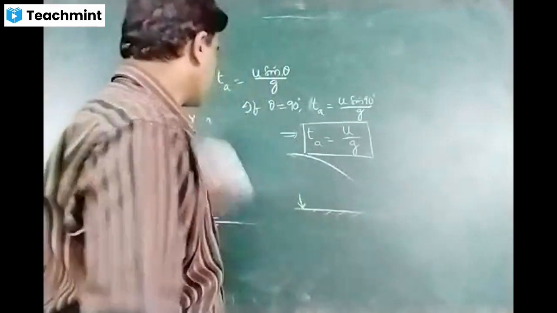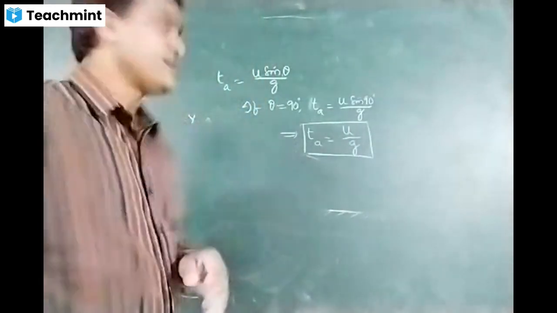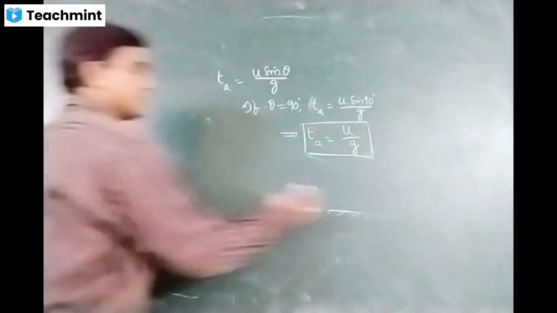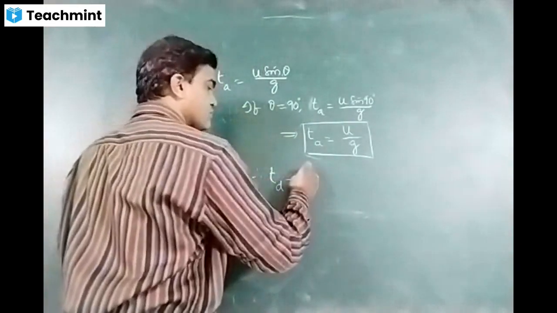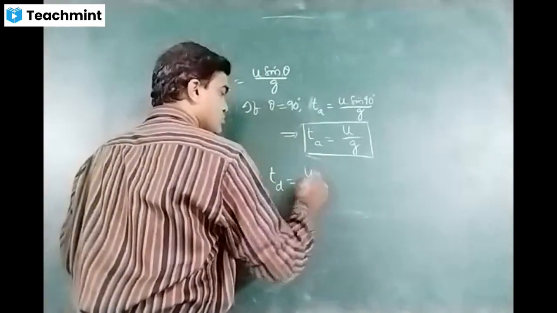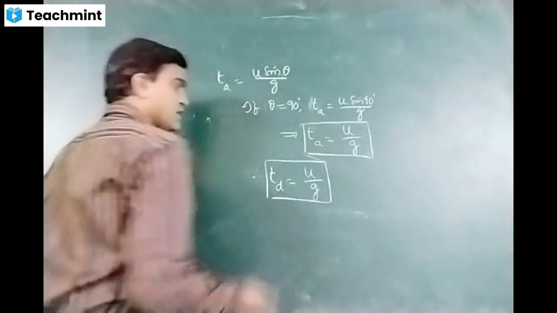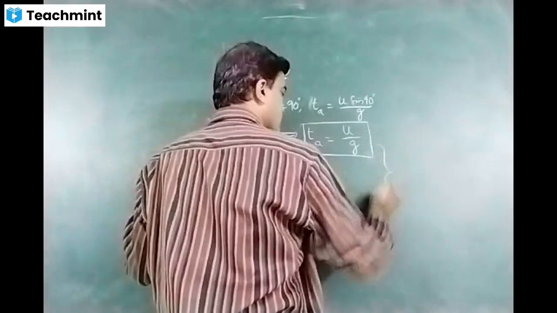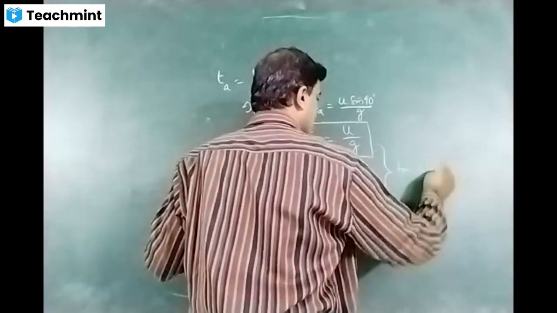So I can write that time of descent is also equal to U by G.